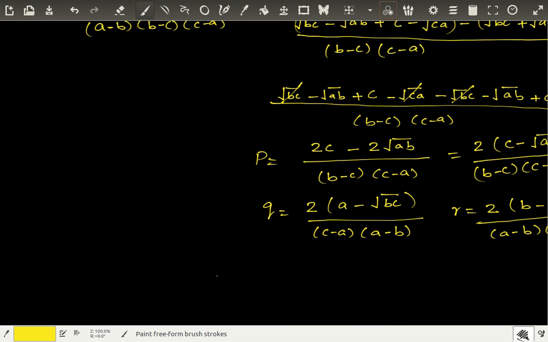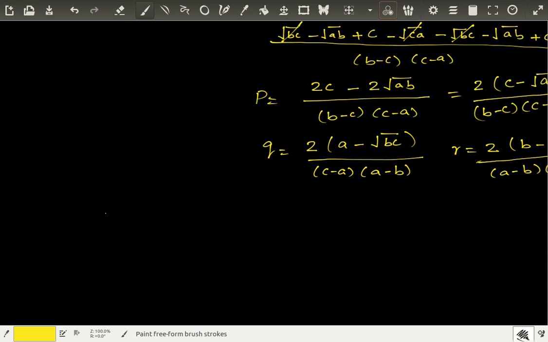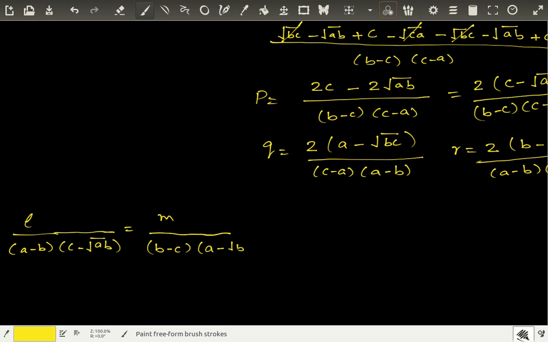So similarly, by symmetry, you can prove that each of these expressions, that is l over a minus b times c minus root ab, will be equal to m over b minus c times a minus root bc, will be equal to n over c minus a times b minus root ca.